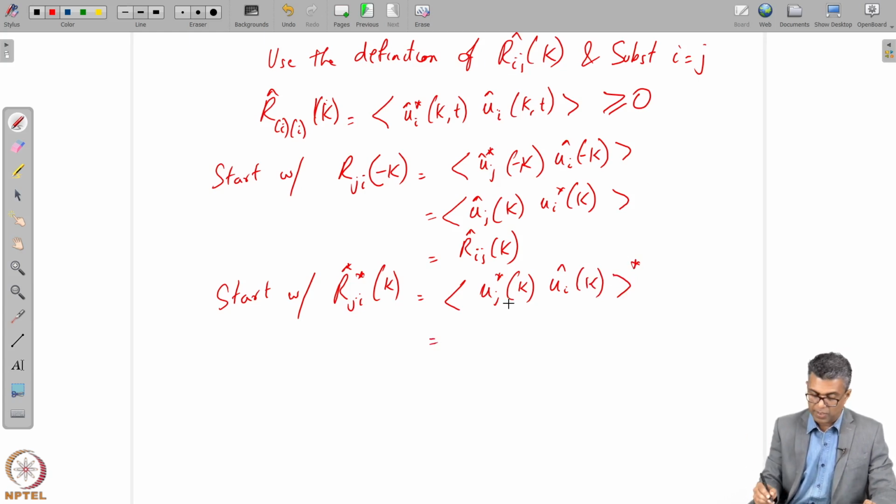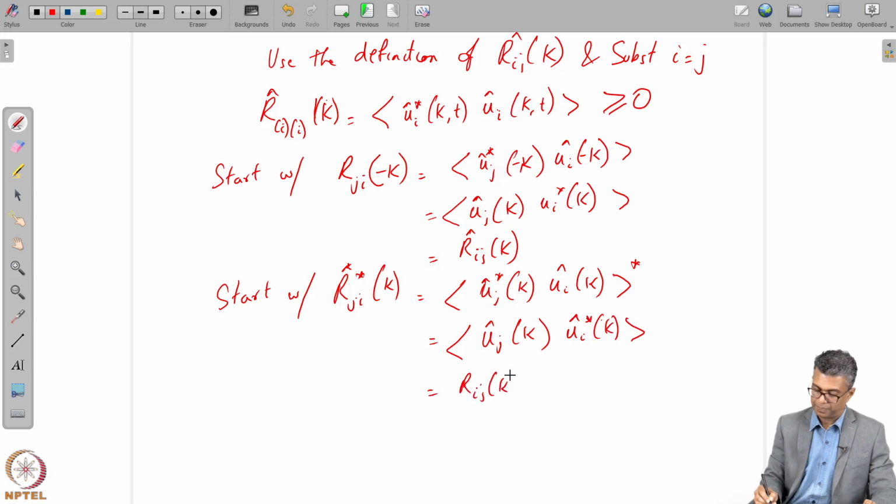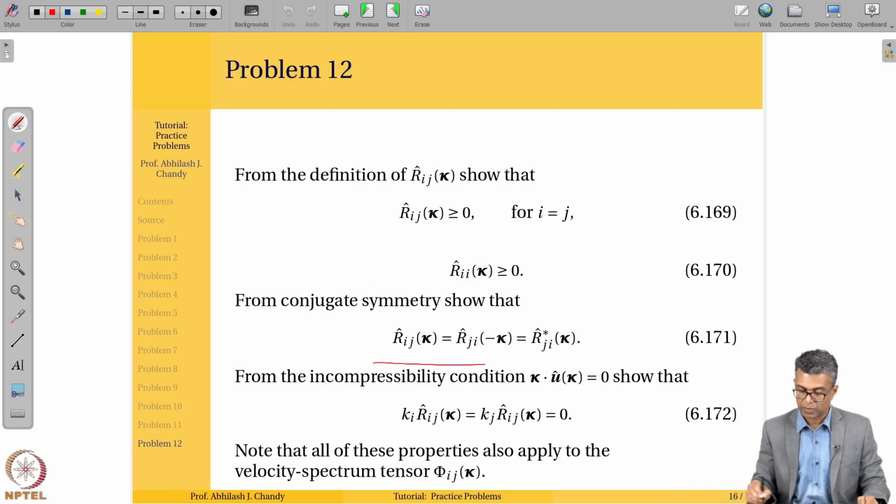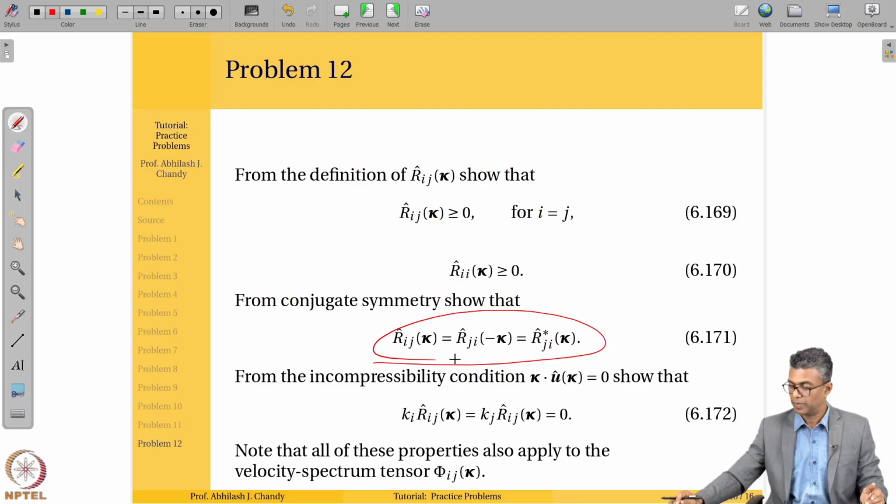Now I take a star of it, what does it become? A star of the star becomes uj hat of kappa, everything is hat, and star of ui becomes ui hat star of kappa. Close angle bracket. This is the same as Rij hat of kappa. Okay, so I just proved all of this. Hence proved, right?